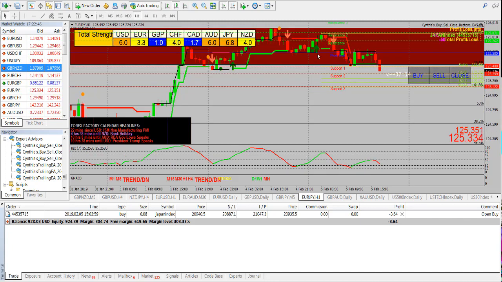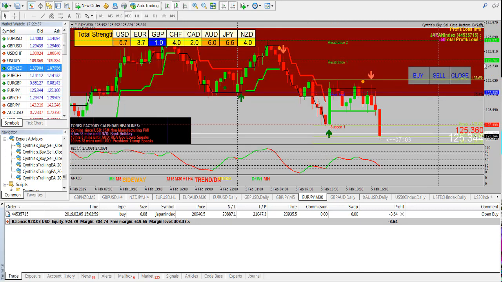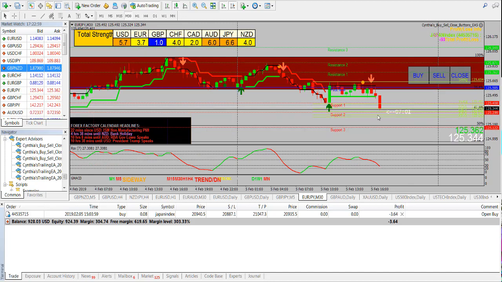Now, in a 1-hour chart, it's coming out of overbought, so it's still pushing down. Support 3 would be your target. In a 30-minute chart, it's pushing down very strongly, and again, support 3 could be your target. So it's very possible that if the euro stays weak and the yen stays strong, it could hit this support 3 target, which is 20 pips.